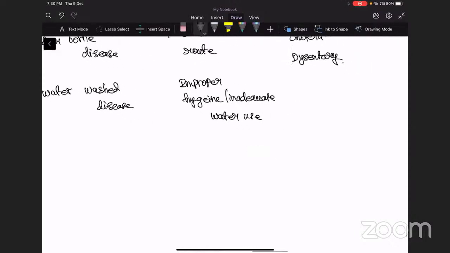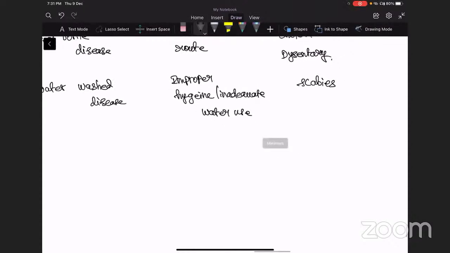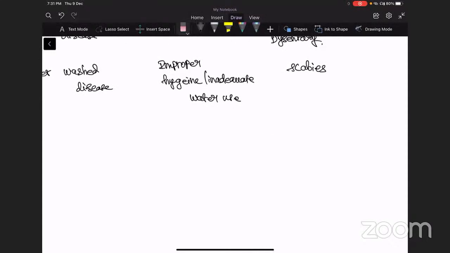Remember that there is no proper water wash of the body. So it's because of lack of water washing, and the diseases caused are scabies, trachoma, typhus.